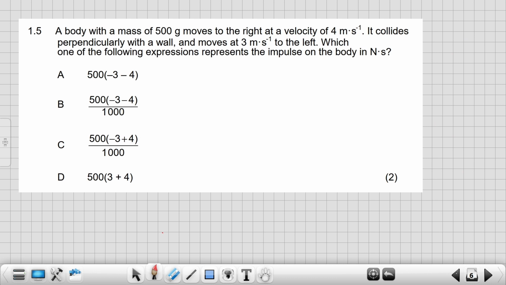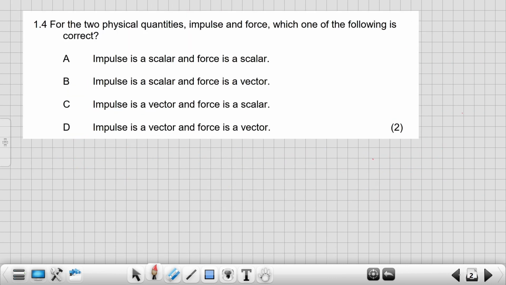And then at 1.4, for the two physical quantities, impulse and force, which one of the following is correct? We are looking at impulse and force.